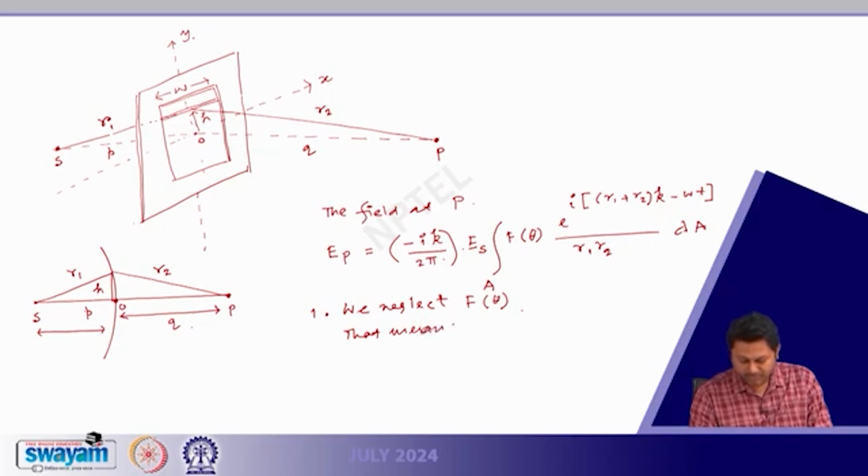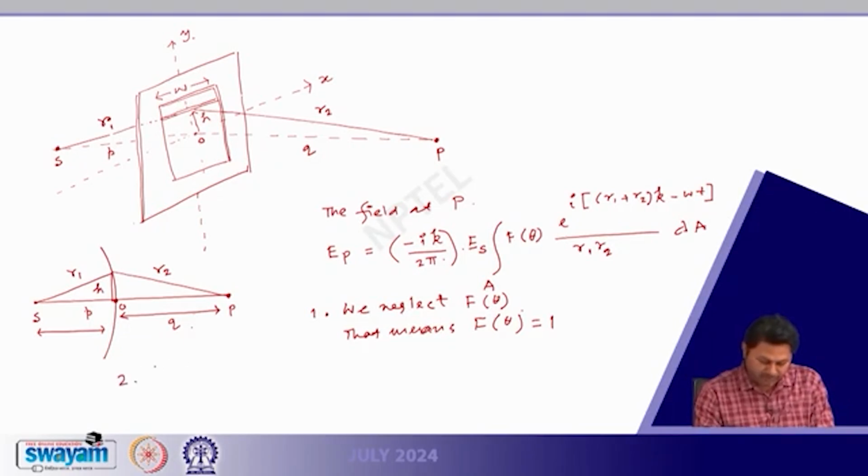That means f theta is equal to 1. Second thing that we do is, R1 square is essentially p square plus h square.